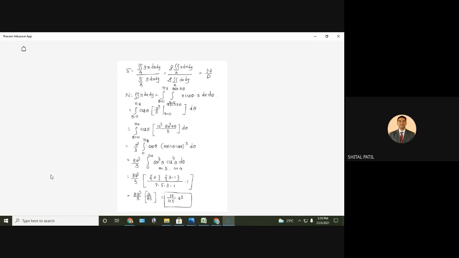Sixteen divided by 105 a cube. This is the numerator. Now we have to find denominator. Written everything. Yes, sir.